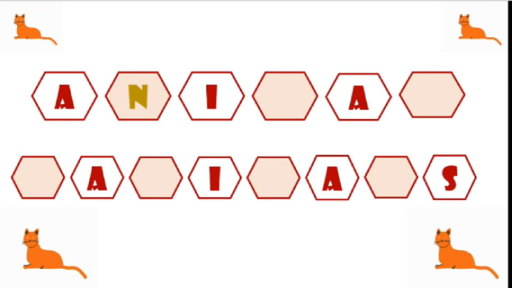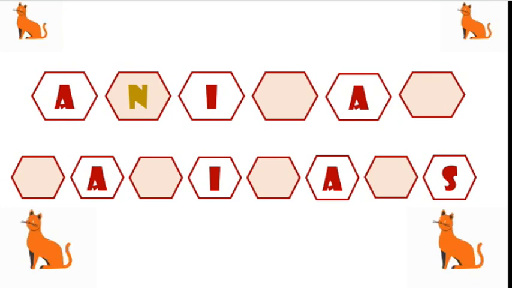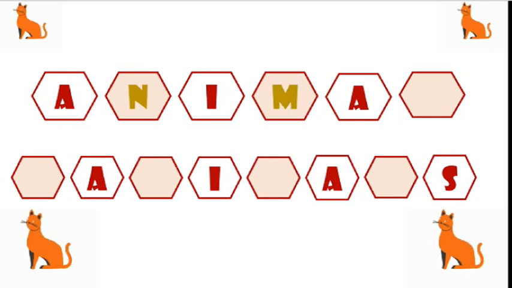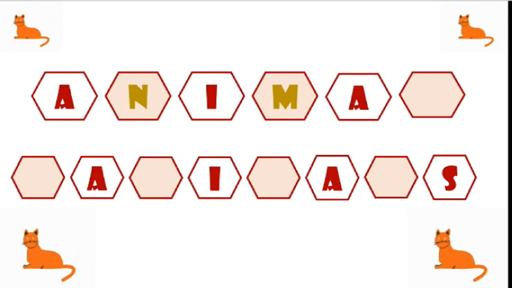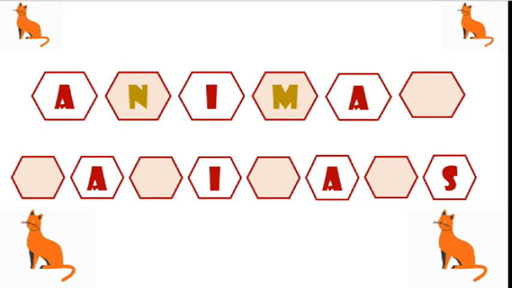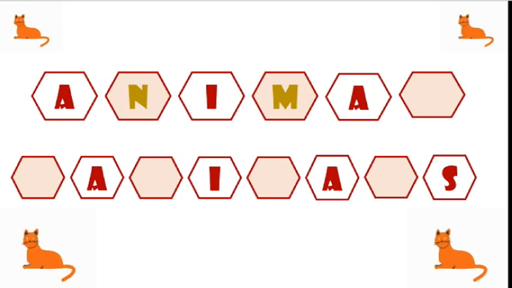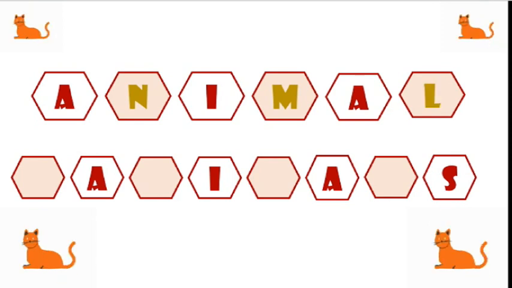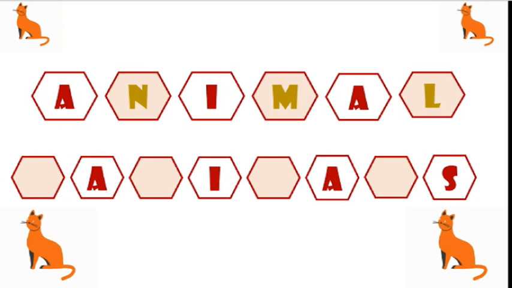You are right. It is letter M. Now we have A-N-I-M-A. Which letter is missing from the row? Correct. It's letter L. So now we can name this word as animal.